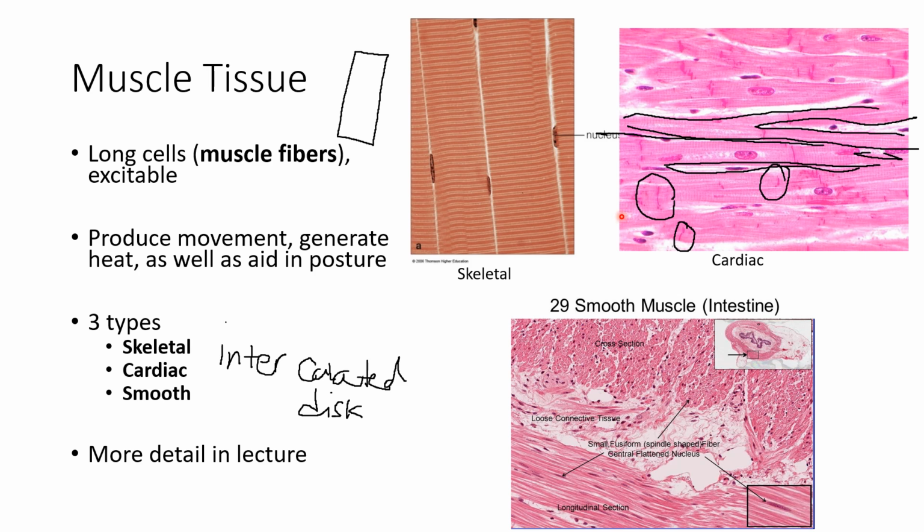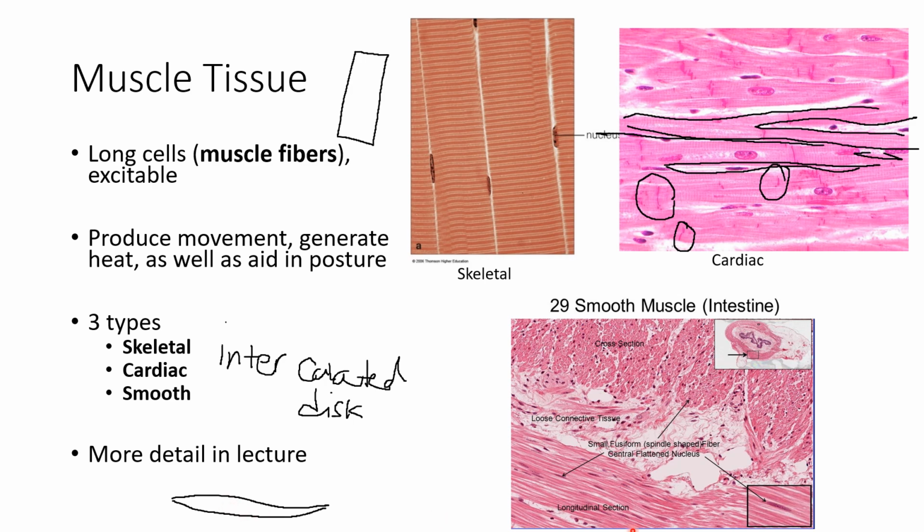Smooth muscle is a little different. Smooth muscle, as the name indicates, it is smooth. There are no stripes running through it. So if we look through it here, you can see it just looks like a spindle. In fact, that's how we describe these cells. They are spindle-shaped cells. They're really skinny on one end and really skinny on the other, but they're kind of fattish in the middle.